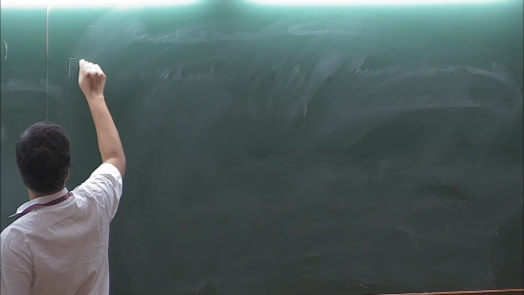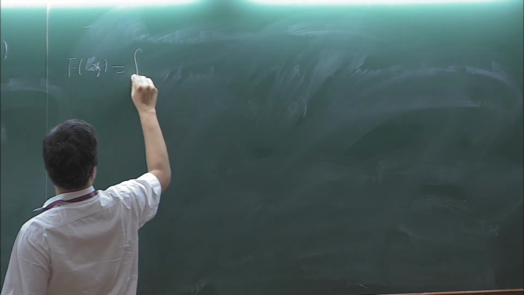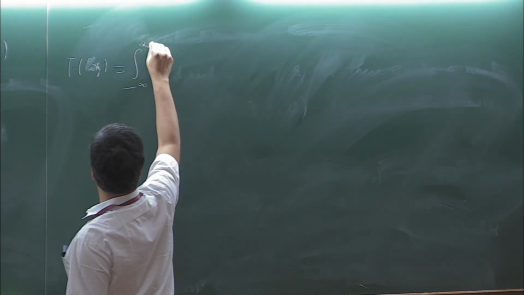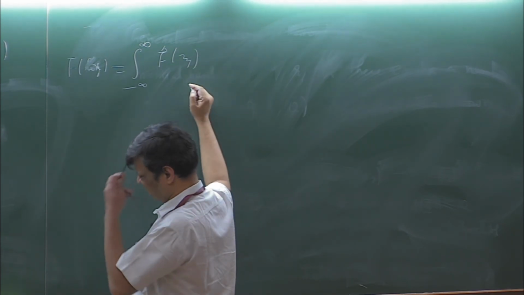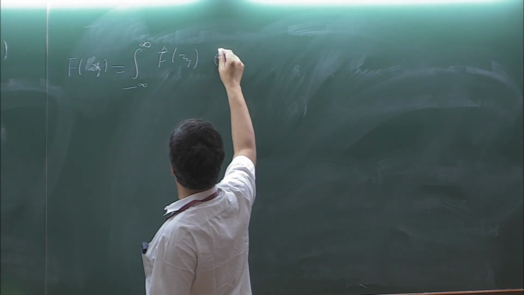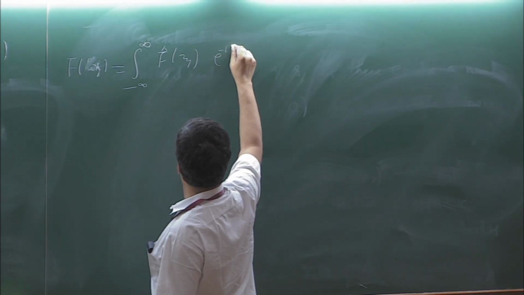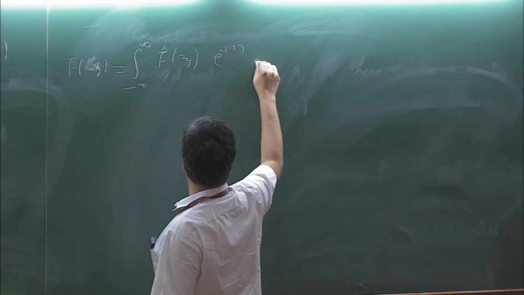Because now f(x) is equal to the integral from minus infinity to infinity of f hat(xi) e to the power minus i x xi d xi.